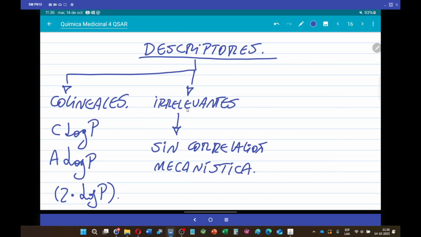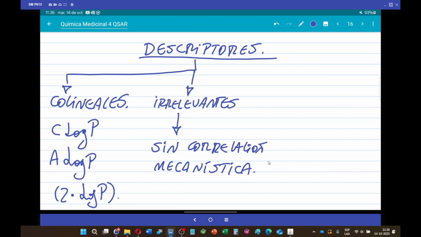If there is an absurd descriptor with a very abstract meaning, unable to be interpreted humanly speaking, no matter how good the correlation is, we discard it because I cannot correlate it with a mechanism of action.